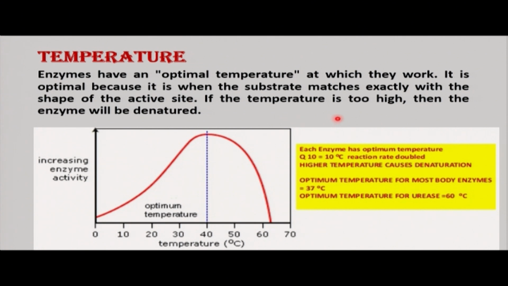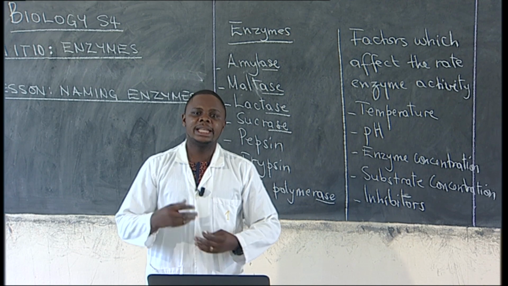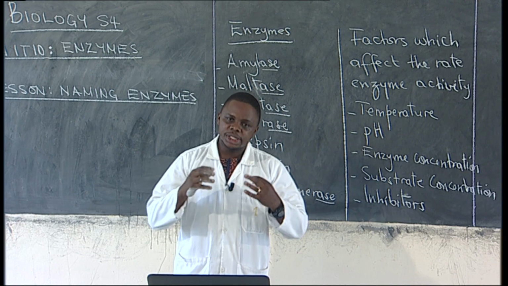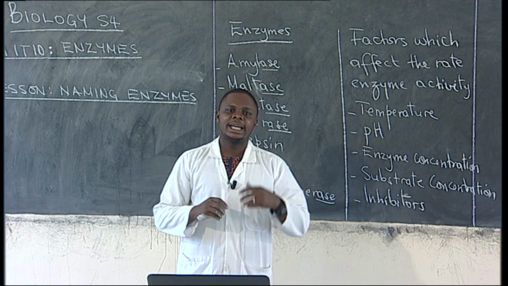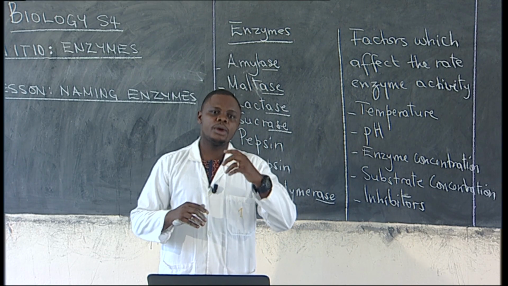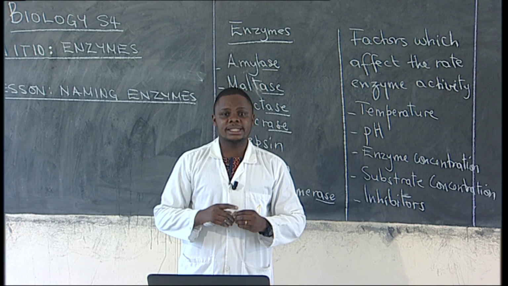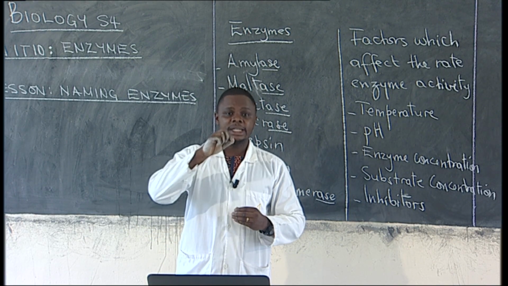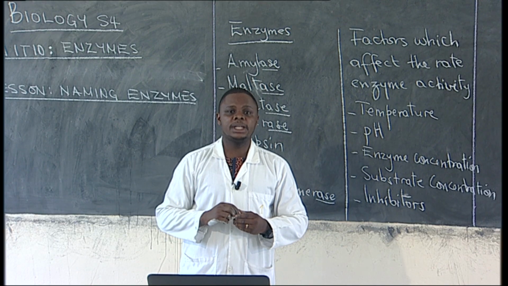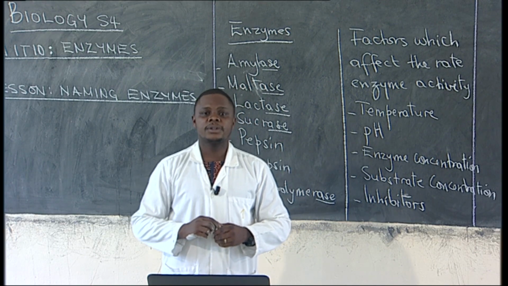Then, if the temperature is too high, beyond the optimum temperature, the enzyme will be denatured. What will happen? The active site of the enzyme will change shape so that the enzyme will not be able to catalyze the substrate because the substrate will not fit into the active site.